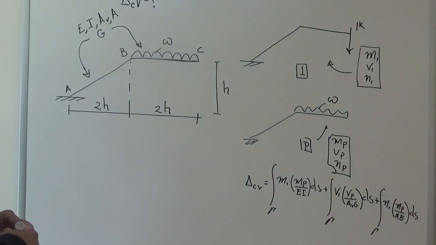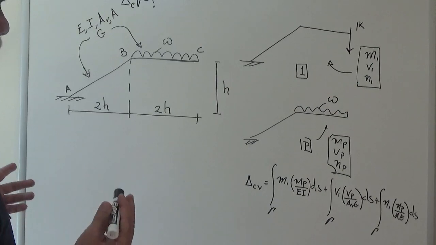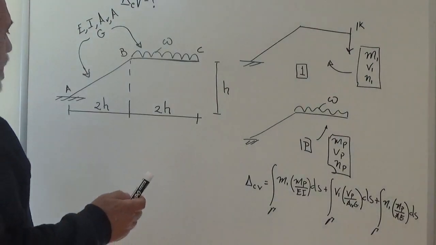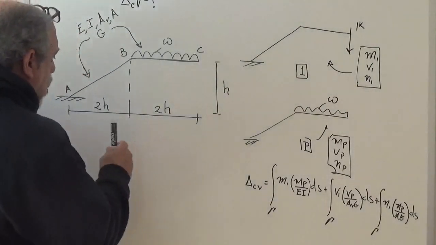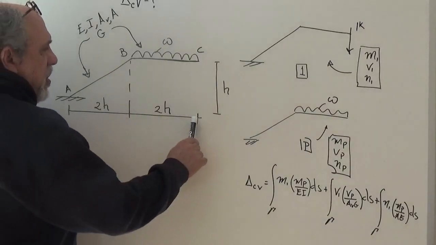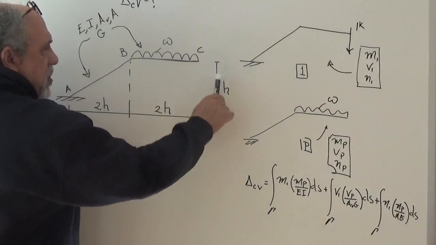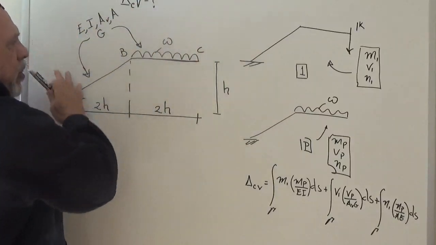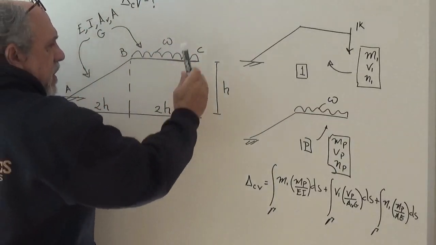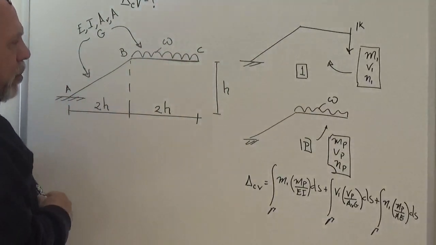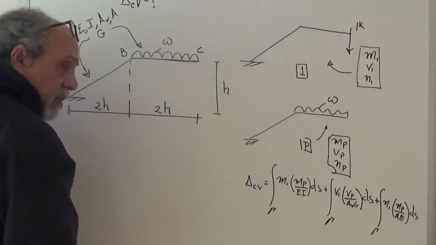So I'm going to ask you to remember that these two horizontal dimensions are 2h, this vertical dimension is h. So I am going to erase this part here and work on this left side of the board to do some calculations. Okay?